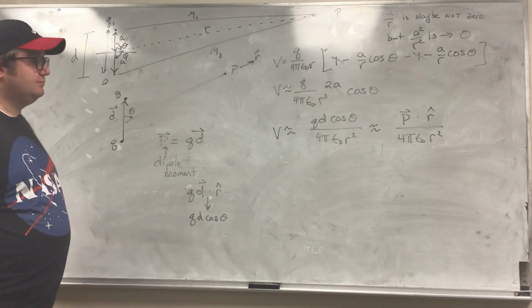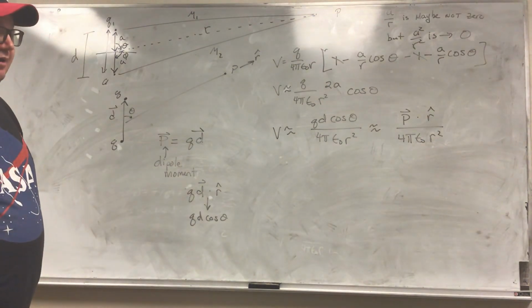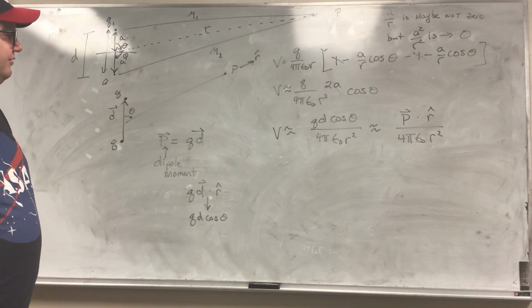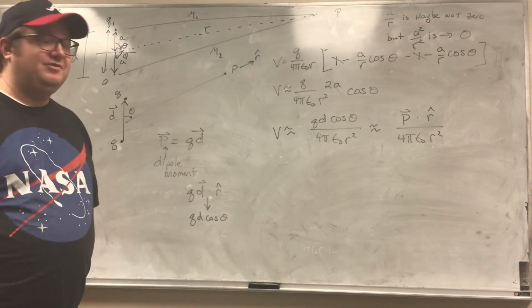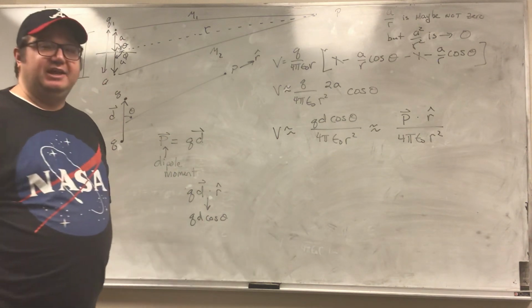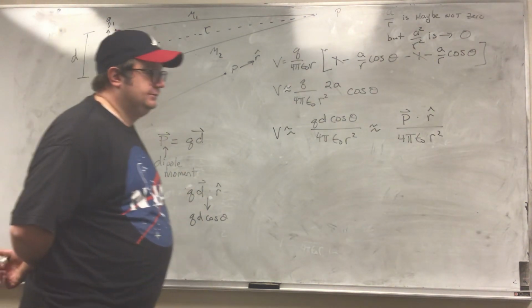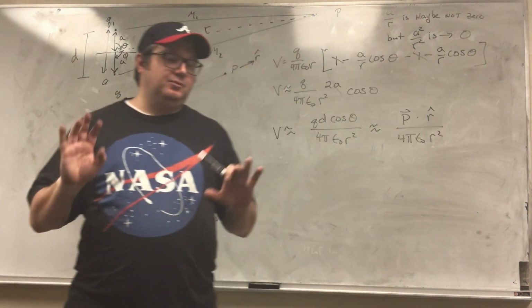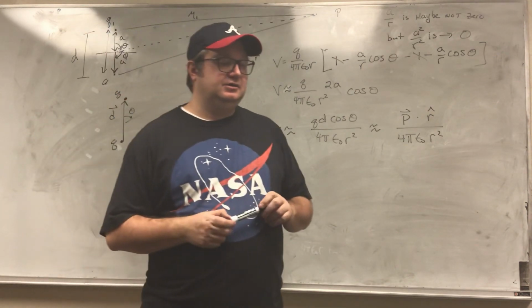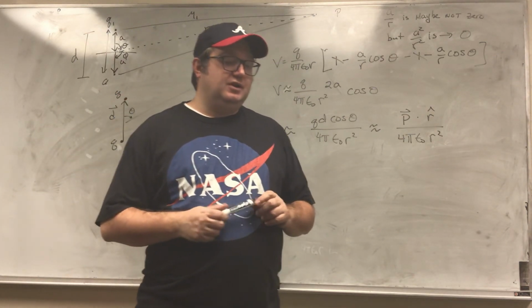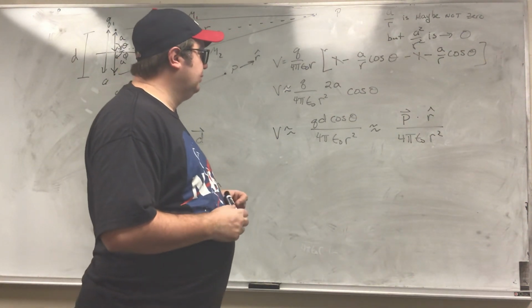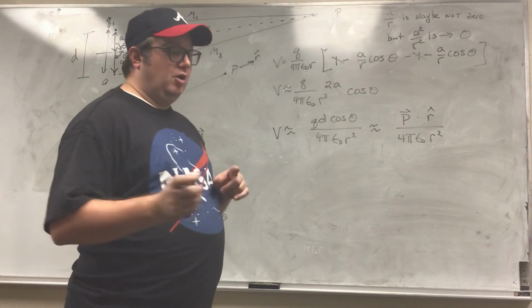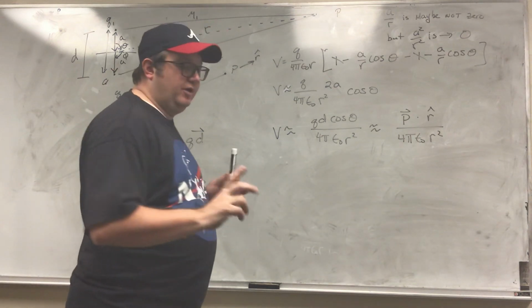And this is great, because it tells us how this potential behaves in a nice, closed analytical form. Okay, so this is part 1, and we'll move on to part 2 in a moment. I just want to make a quick comment before I do.